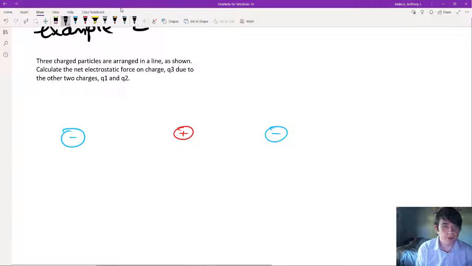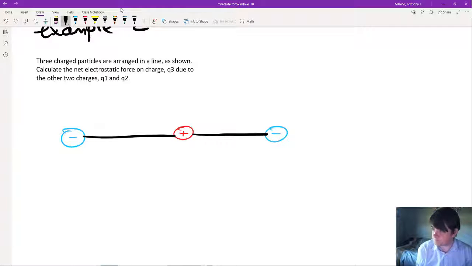And I'll still use my other pen as well. They're arranged on a line as shown. Okay.